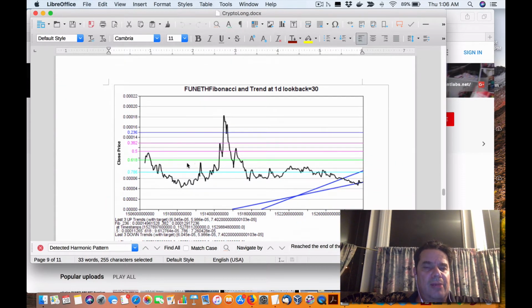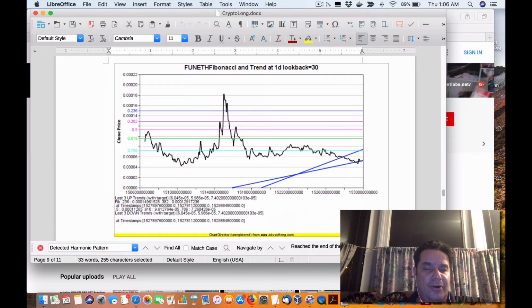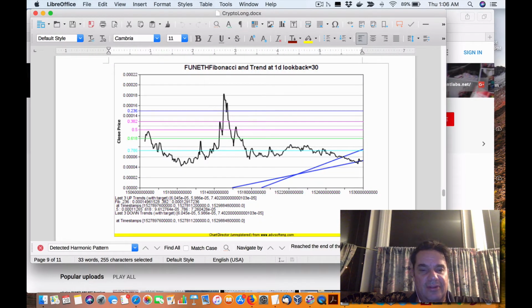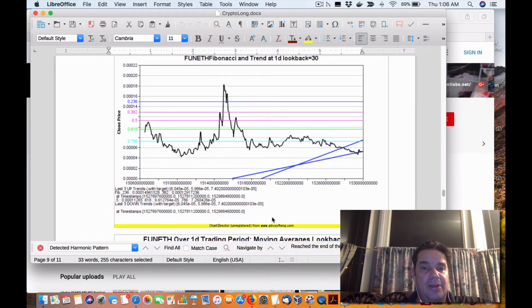So again, we add further charts I've shown, but I've condensed this all into one chart. So here we have our classic Fibonacci and trend levels. I've combined them all into one chart for easy access. So you can see here at the end that the price has broken through this lower trend line.